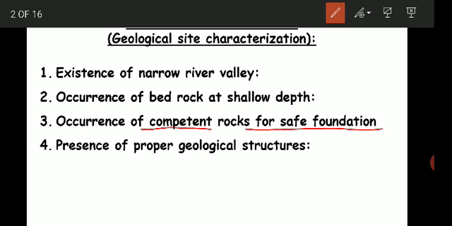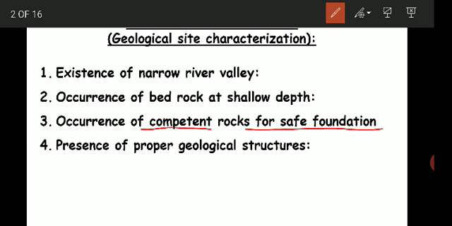To select or reject a site for a dam, the decision depends not only on the rock type but also on the associated geological structures. In the previous class we discussed different types of folds, faults, joints, and unconformity. If such structures are present at the site, it is better to reject sites with structural disturbance. If it is more, then we have to reject such sites. So these are a few important points which we have to take care of when we select the site for a dam.